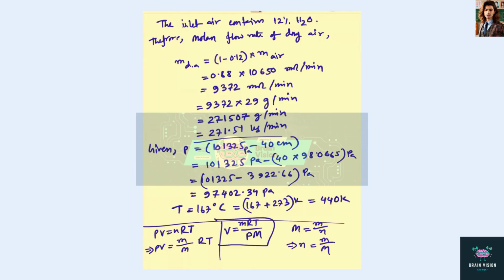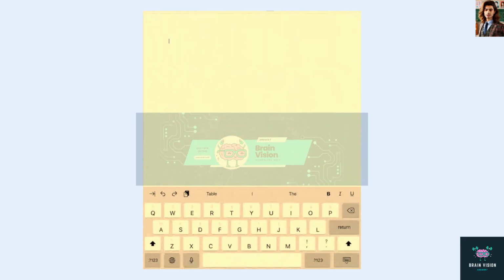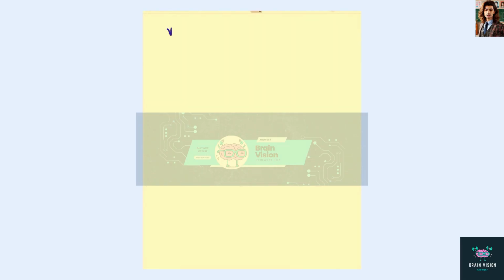This is the equation for volume that we can use now. So V is equal to mRT divided by PM, or we can write the volumetric flow rate and molar flow rate. We can use this.